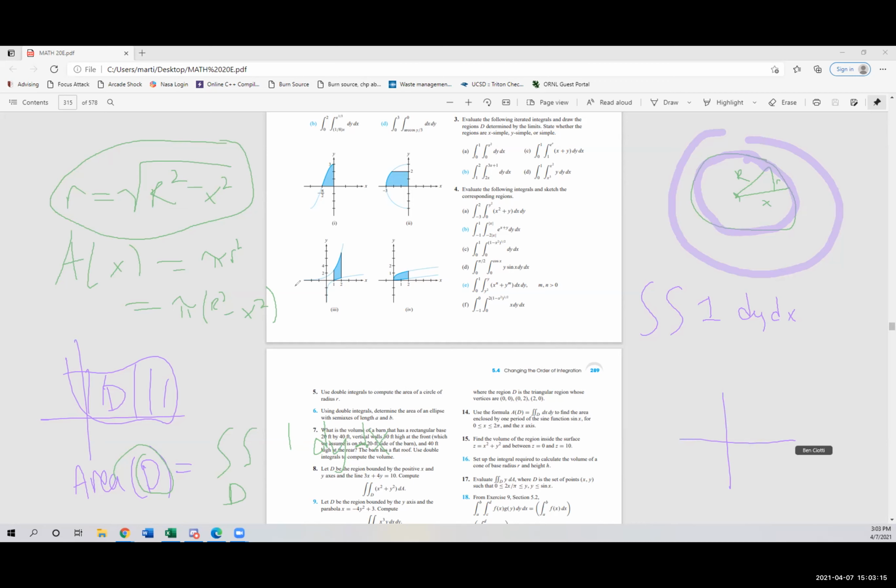In this case, your disk is a circle. And what's the way that we learned that you are supposed to do a double integral over a region?